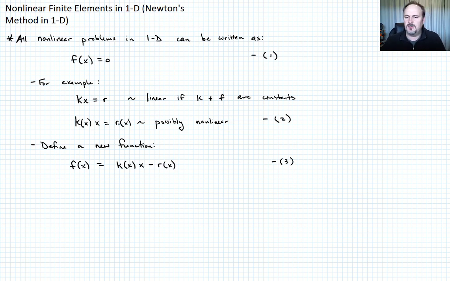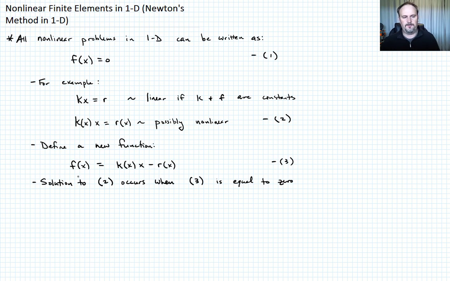The solution to 2 occurs when equation 3 is equal to 0. All we did was subtract one side from the other. Instead of k as a function of x times x equals r as a function of x, we just subtracted that off so that if we want to recreate equation 2, we just set f of x equal to 0. That goes back to equation 1.